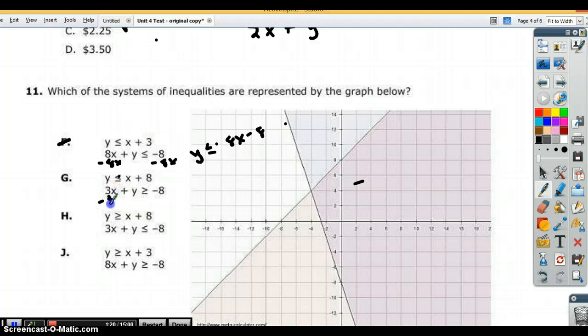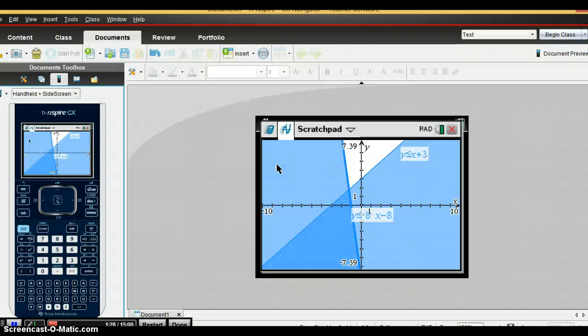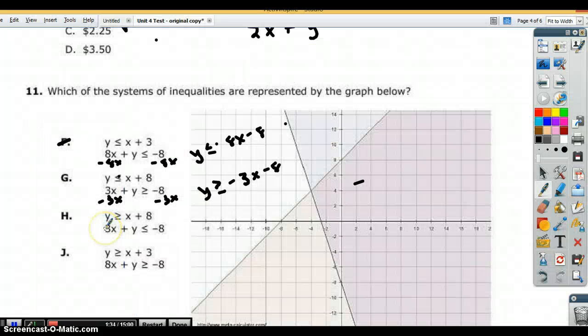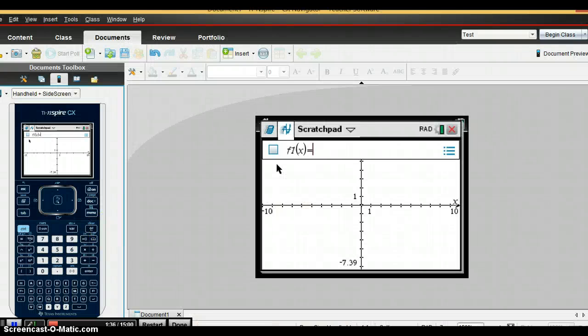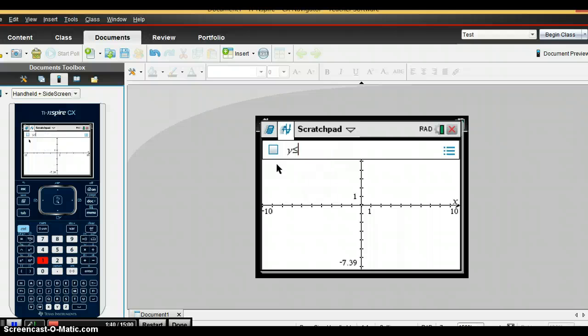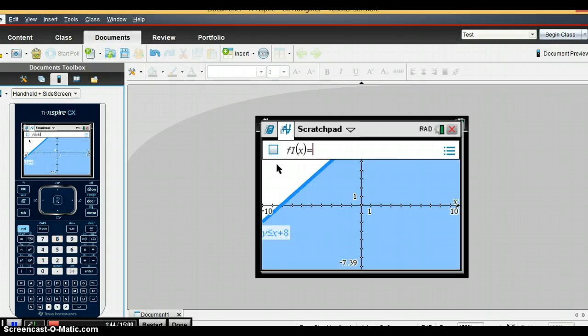Okay, so then I subtract 3x from both sides. So it's y is greater than or equal to negative 3x minus 8. Alright, so I want to clear this, start over, so our first one is x plus 8, and it is less than still, so x plus 8.